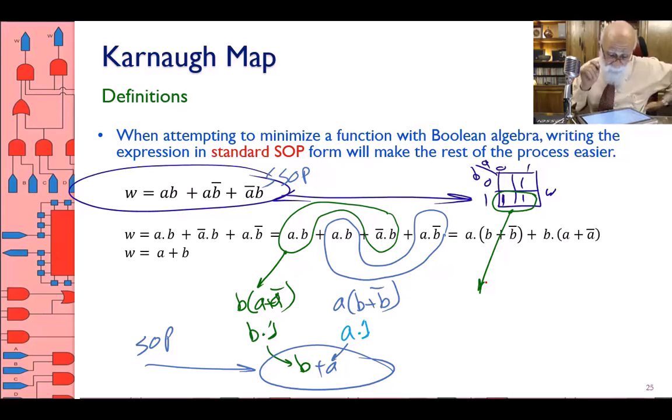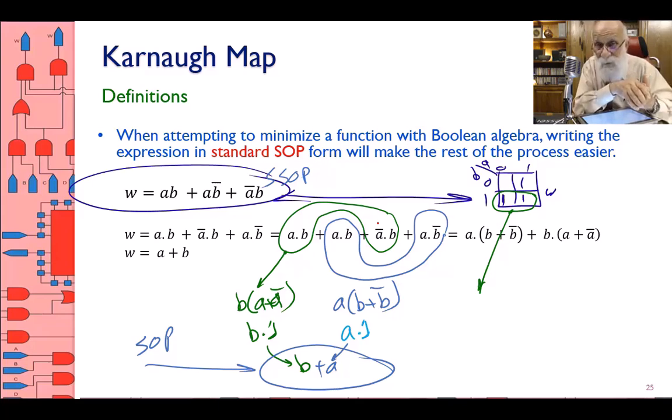Look at this. AB OR with A bar B, that's the first and the third term. The reason I could combine them was because these two terms have A, which is 0 in one and 1 in the other one. And therefore, by factoring B, A drops.